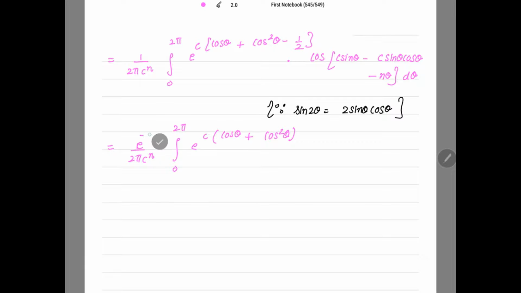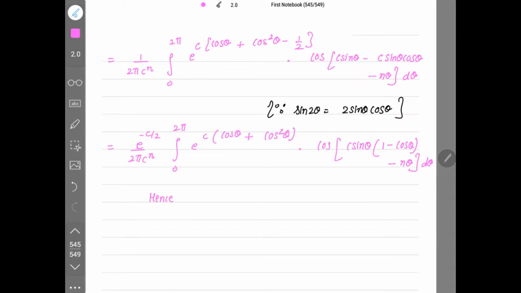So remaining cos of c sin theta, which is common from here, 1 minus cos theta, minus n theta. Very fine. So this is what we require, right? Hence, this is our required coefficient a_n, which we have to prove.